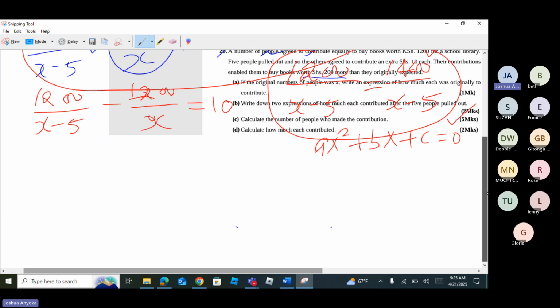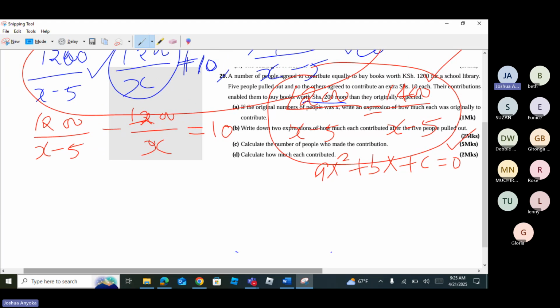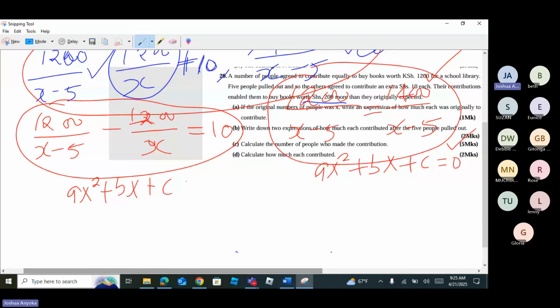And I will assign others. You simplify this one until you get the quadratic equation in the form of ax squared plus bx plus c is equal to 0.